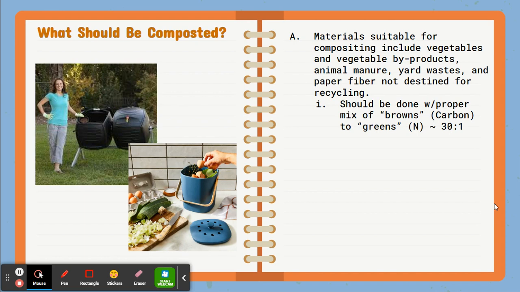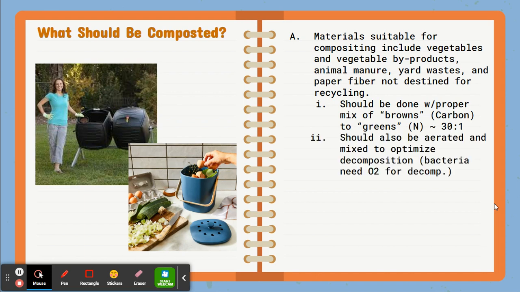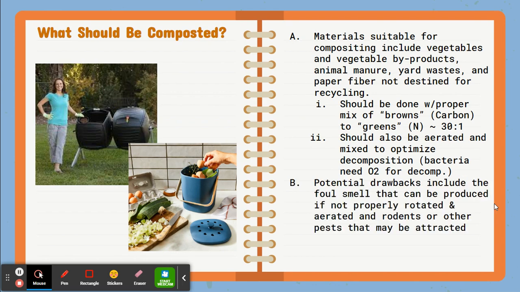This should be done with a proper mixture of both greens and browns, browns meaning containing heavy amounts of carbon. This should be aerated over time, so you'll oftentimes hear of people turning their compost bin. What that does is it mixes in oxygen, so it aerates the mixture, perpetuating the decomposition that takes place with the microbes that are naturally found there.